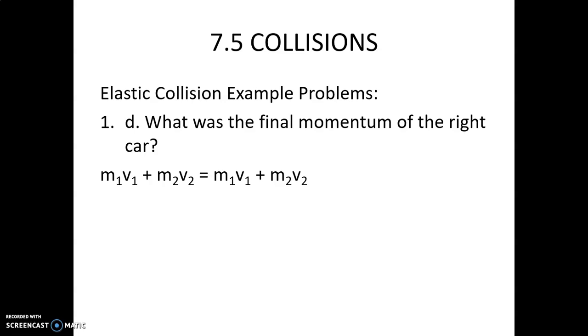Now it looks a little complicated, but basically what you have is the mass and velocity of the first object plus the mass times velocity of the second object, that will be before the collision, is equal to the mass times velocity of the first object plus the mass times velocity of the second object after the collision. So the momentum will be conserved. So the momentum before and after will be the same amount.